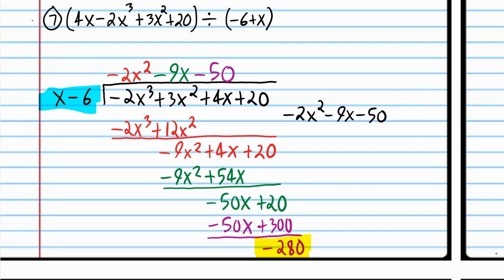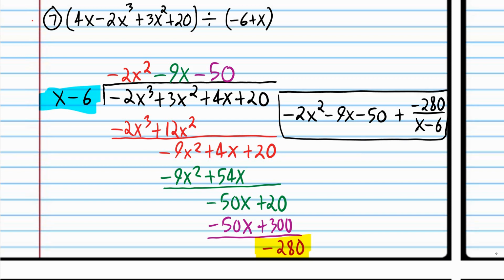But it's going to be more useful in this course to actually know how to write the overall expression in the math language. So what you do is you always add the remainder over x minus 6. So that's the actual answer.